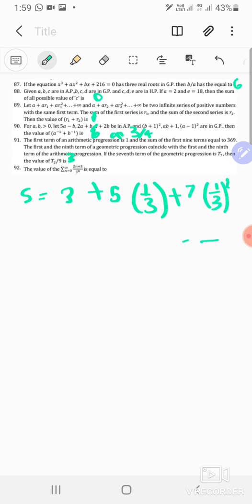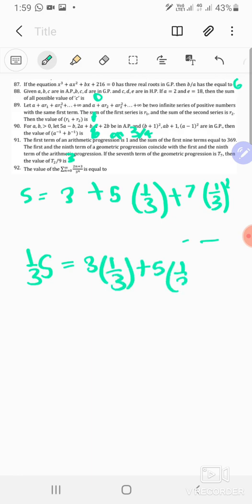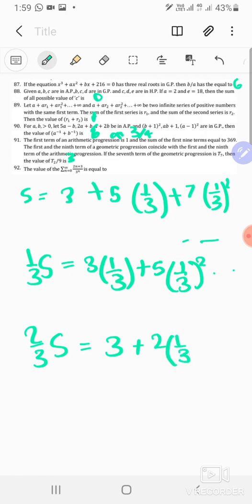So maybe just multiply this s by 1 by 3, so you will get 1 by 3 s is equal to 3 into 1 by 3 plus 5 into 1 by 3 squared, and so on. So if I subtract that, I will get 2 by 3 s is equal to 3 plus 2 into 1 by 3, plus 2 into 1 by 3 squared, and so on.